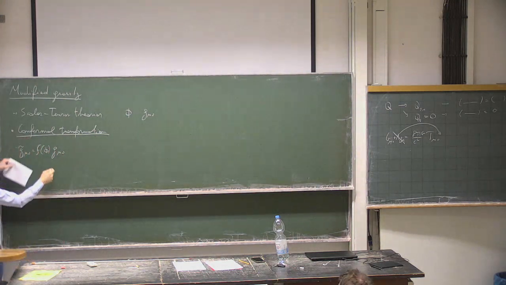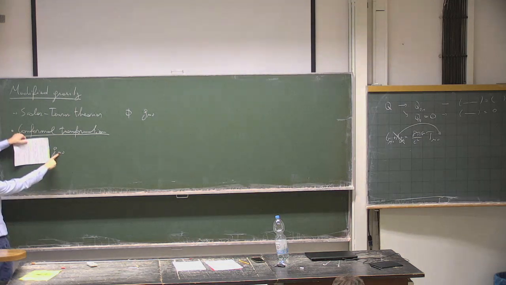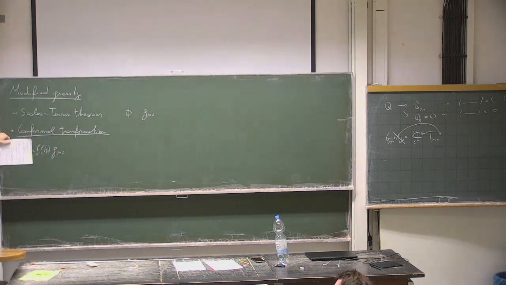Okay? So you start with your initial metric, you multiply it by a scalar function. That's it. Remember that this is a field, and the field in general can be different as a function of time. For example, dark energy is evolving as a function of time, and if you want to be even more general, it might even depend on the position. Okay? That's in full generality, and you get a new metric.